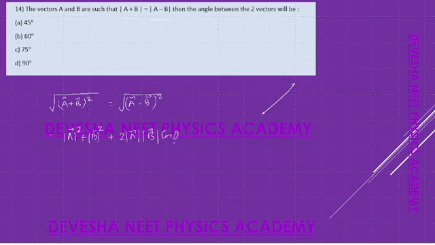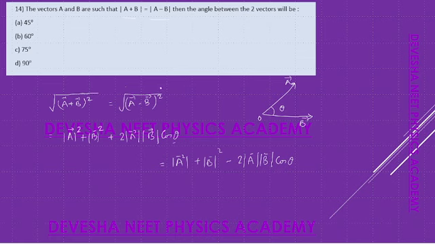What do you mean here? Imagine we have two vectors separated by angle theta. If this is the a vector going in this direction, this is the b vector, and this is theta. This is equal to a square plus b square minus 2ab cos theta.